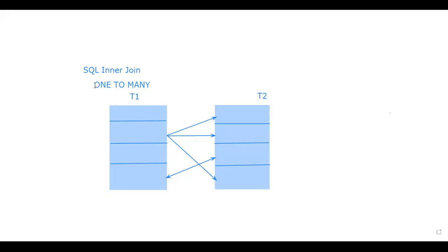Now let's go to the many to one. See what it represents. Many to one means, just treat this as a T2 table, and this is called the T1 table. This is T2.